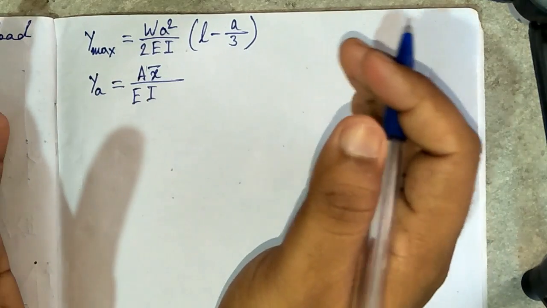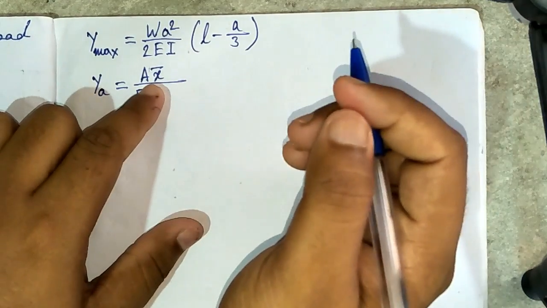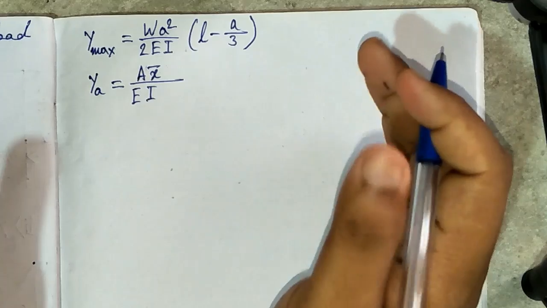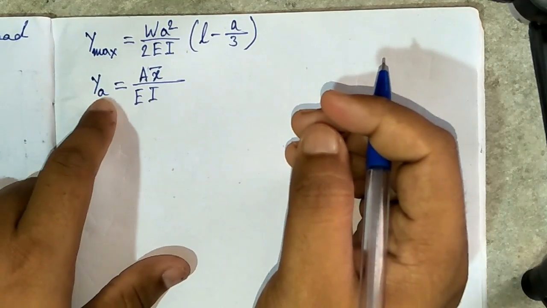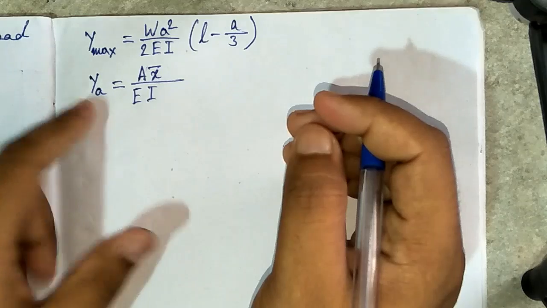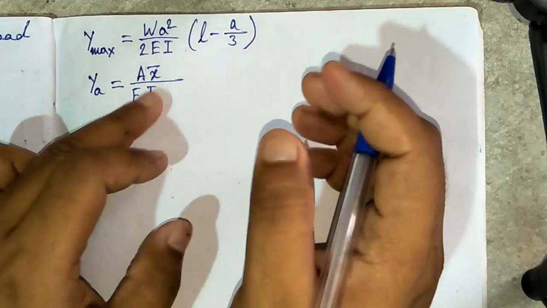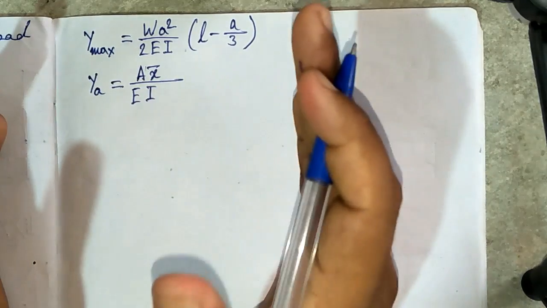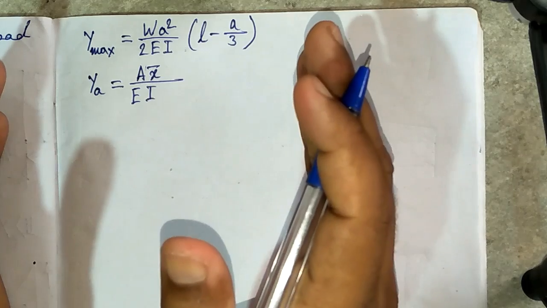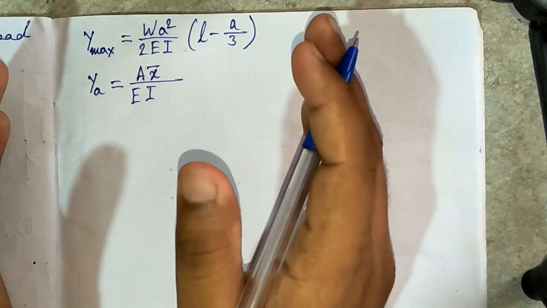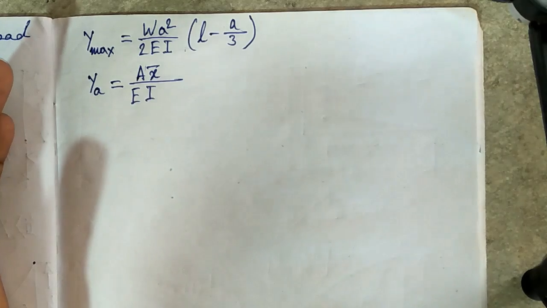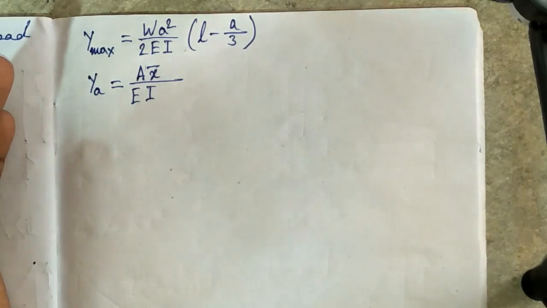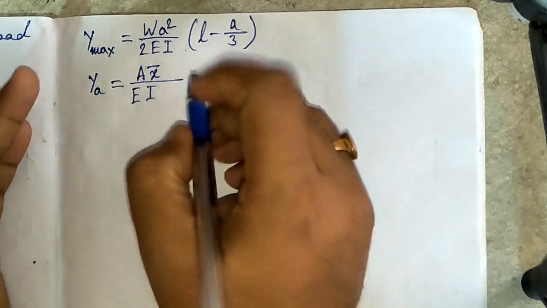We are not considering X bar as a length from the free end to the fixed end, because this is Y_A, the deflection at point A. So from the point where the W is acted to the fixed end, this length is X bar.